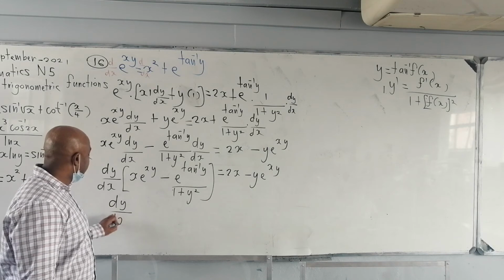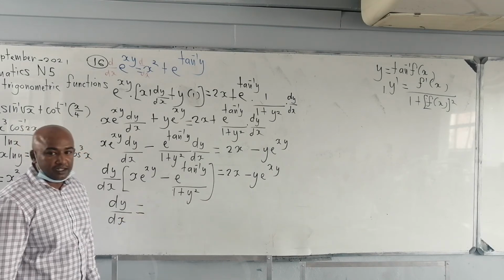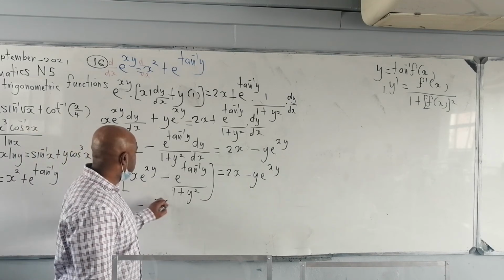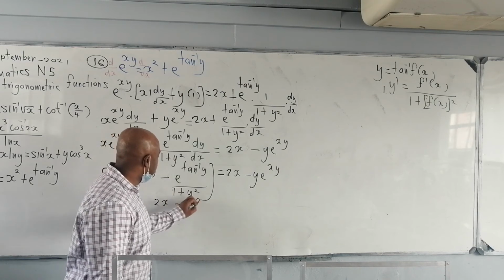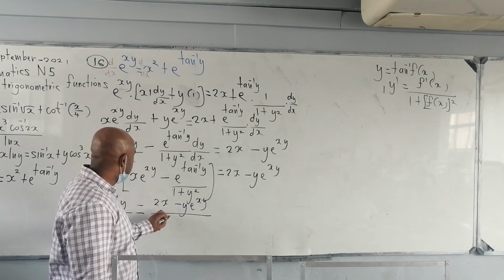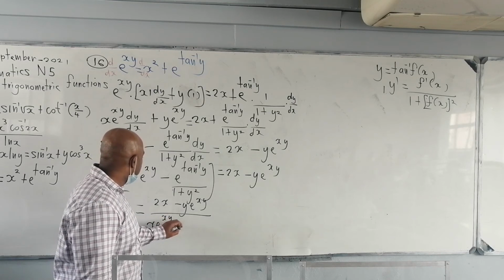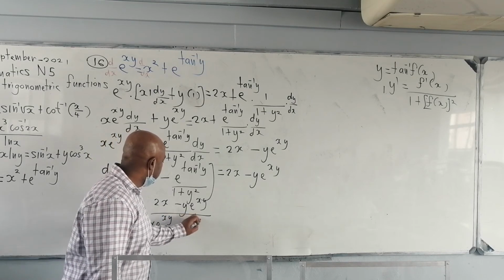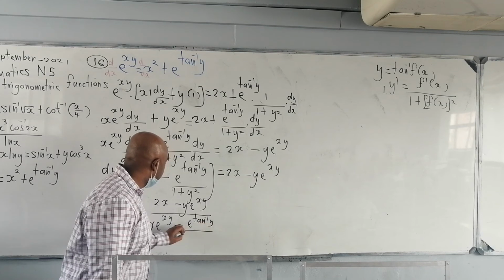So make dy over dx the subject, and then you're done. So that's going to be 2x minus y e to the power xy all divided by x e to the power xy minus e to the power inverse tan y all over 1 plus y squared.